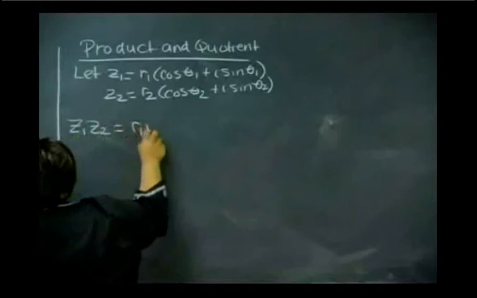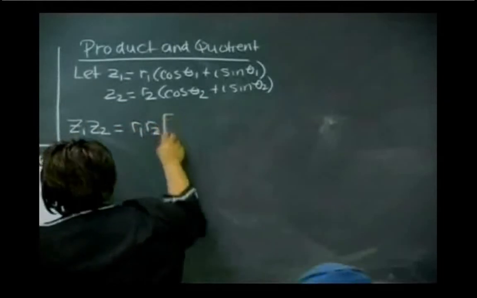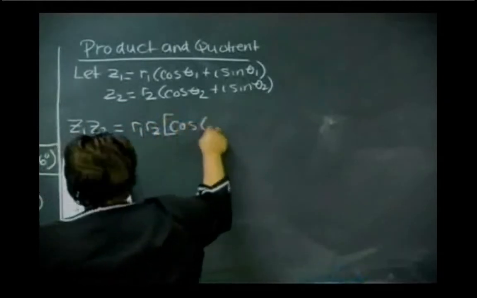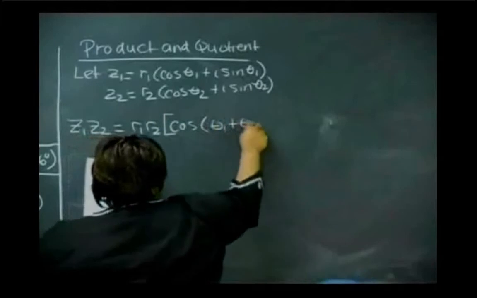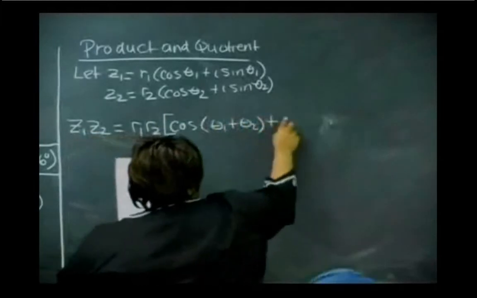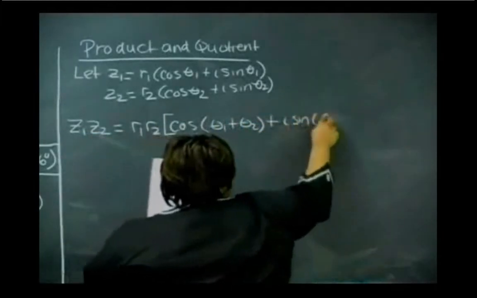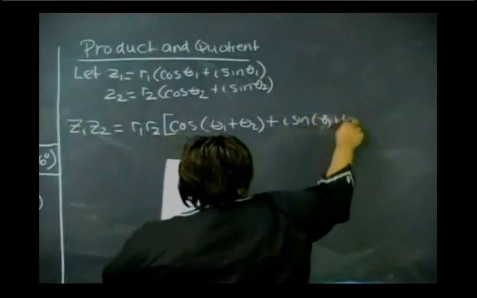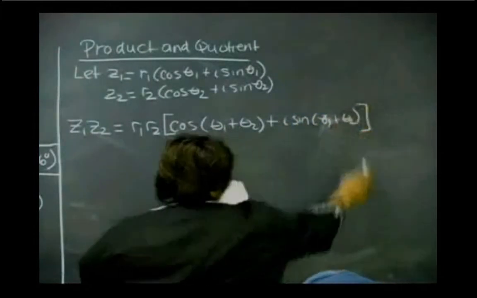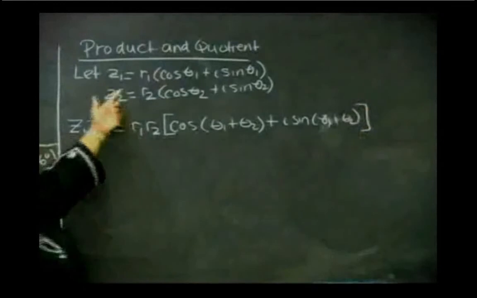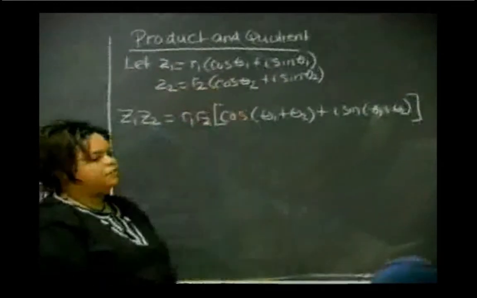It's going to be R1 times R2 times (cosine of theta 1 plus theta 2, plus I sine of theta 1 plus theta 2). So what are we doing? We multiply the R's and we add the angles.